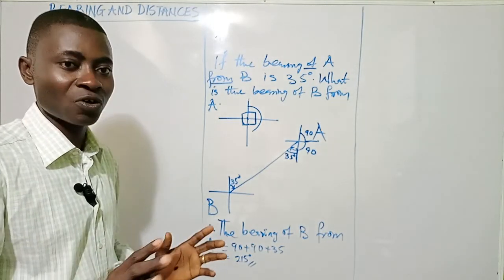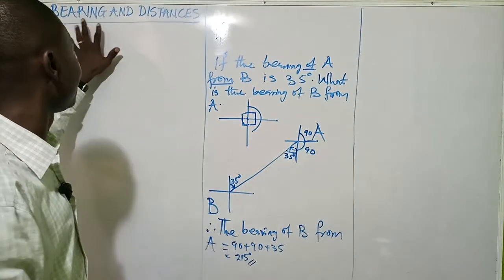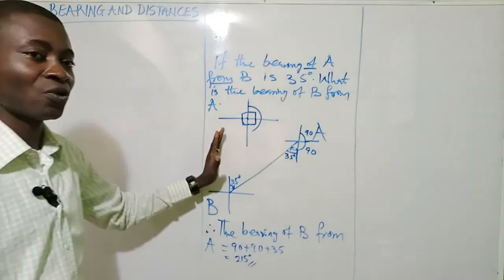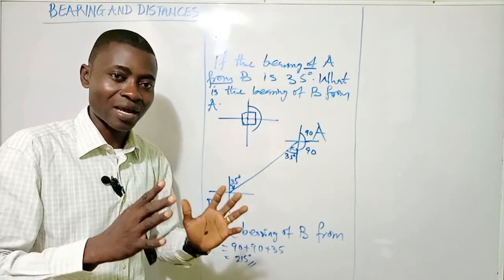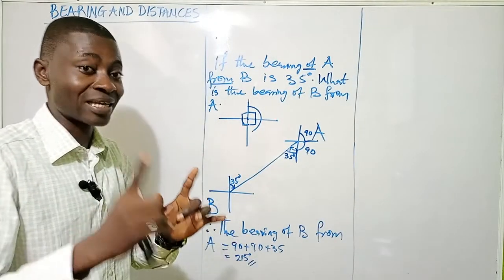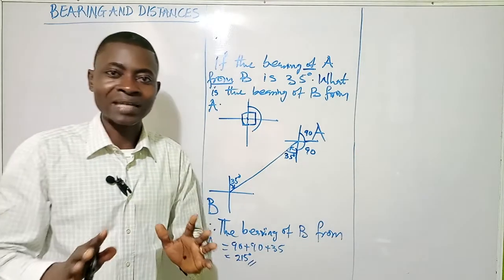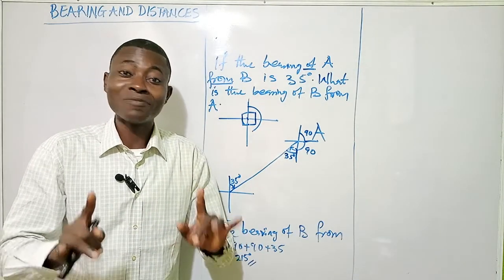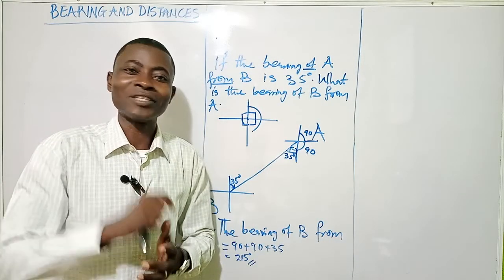Please watch this introduction video under bearing and distance over and over again, and then check out our video under sine and cosine rule. Once you are grounded with this and you understand this perfectly well, I assure you there's nothing under bearing and distance that you will not be able to answer, because bearing and distance remains one of the simplest topics in mathematics. I assure you, you will enjoy them.